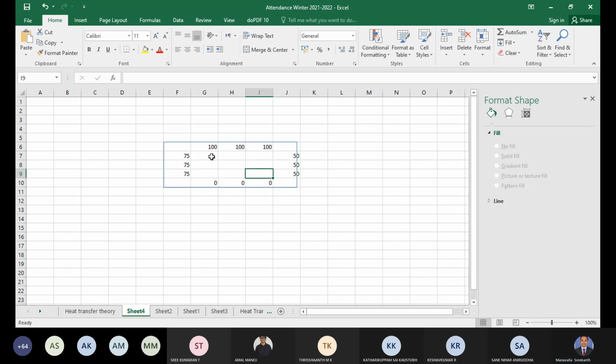So what you have to do is first you have to handle the corner node. You see this corner node, we will have to write something for it. The simplest way of dealing with the corner node is to take it as an average of these two temperatures. Because the top surface is at 100 and the side surface is 75, the corner one will be an average between 100 and 75.